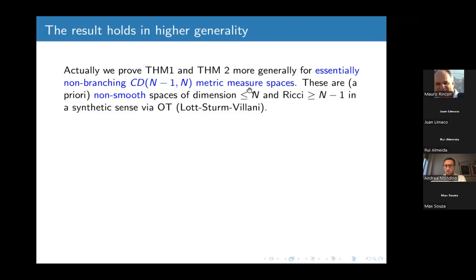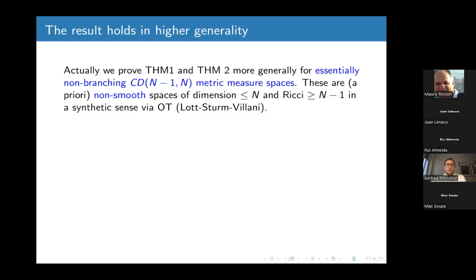These are metric measure spaces, so metric spaces endowed with a reference measure playing the role of the volume measure. These are a priori non-smooth spaces of dimension at most n, and Ricci bounded below by n-1. But now Ricci is no longer a linear form as in the smooth setting, and both bounds must be interpreted in a synthetic sense via optimal transport.